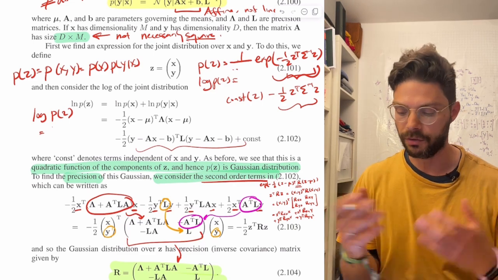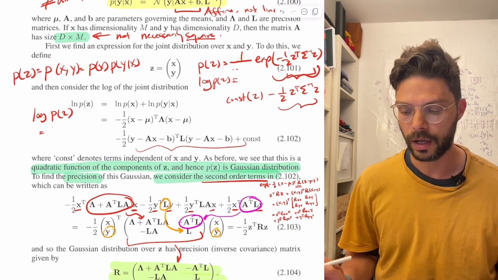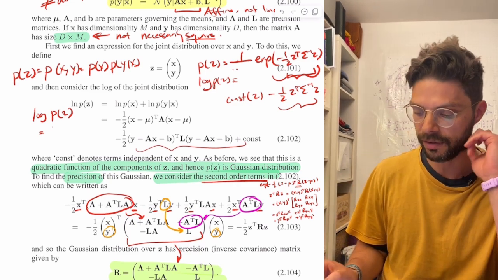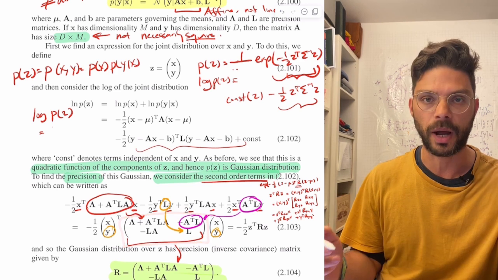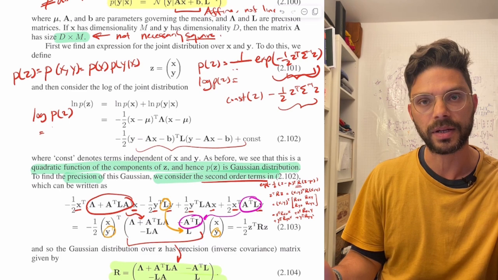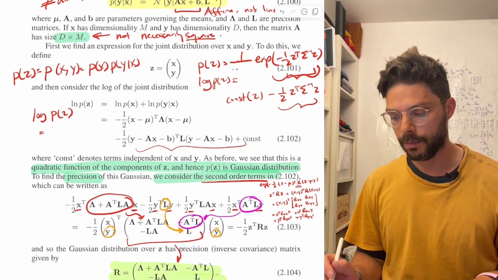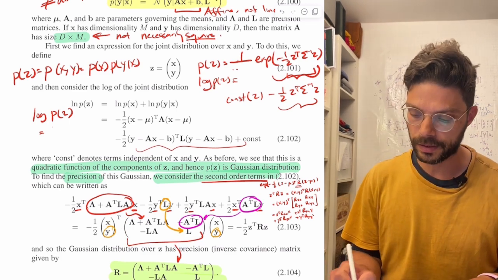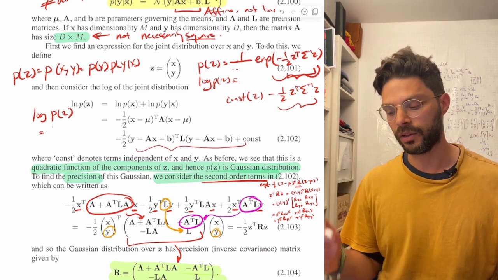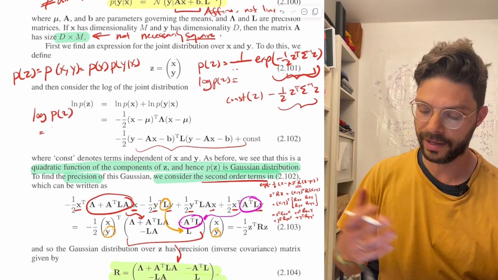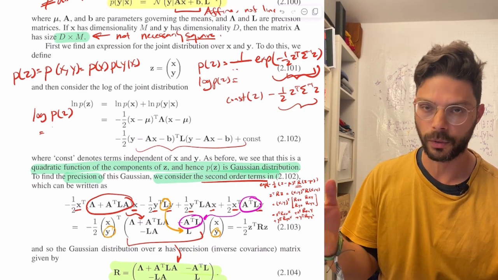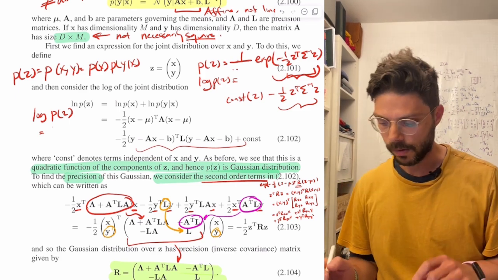But in general, if you're just working with some quadratic function of your variables, it's not guaranteed that it's Gaussian. So you actually have to show that the precisions you're coming up with are all positive definite, that they all have positive eigenvalues. That's just something to keep in mind. Just because it's quadratic doesn't necessarily mean that the result is going to be Gaussian. In almost every setting I've worked with, they have ended up being positive definite, and you can almost always show that it is, but just keep that in mind.